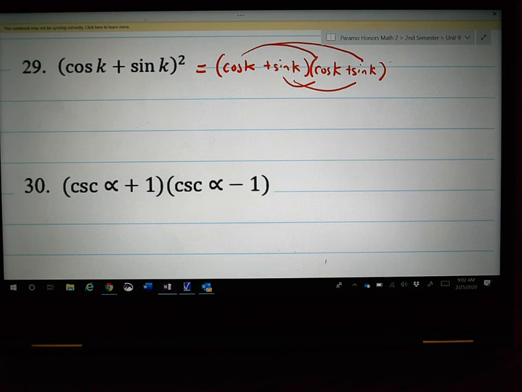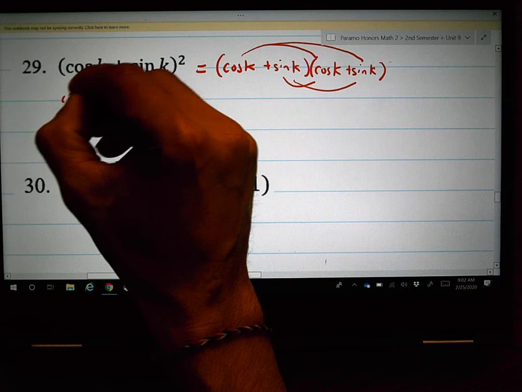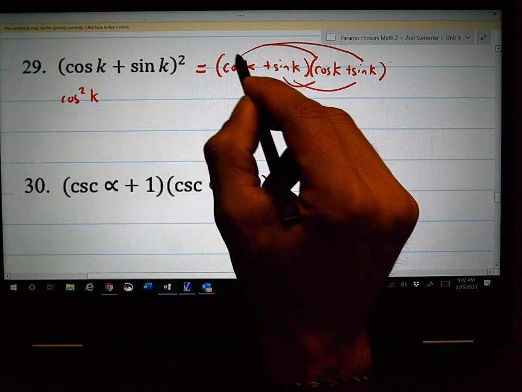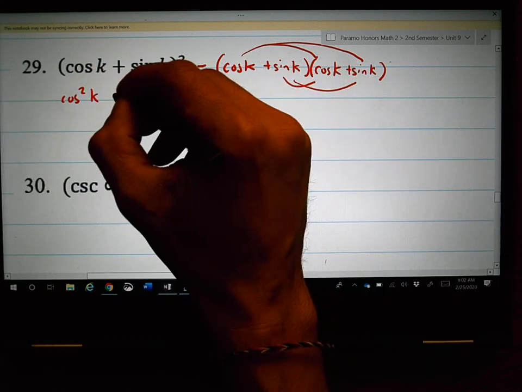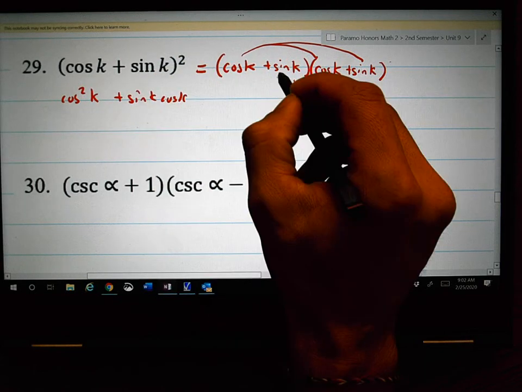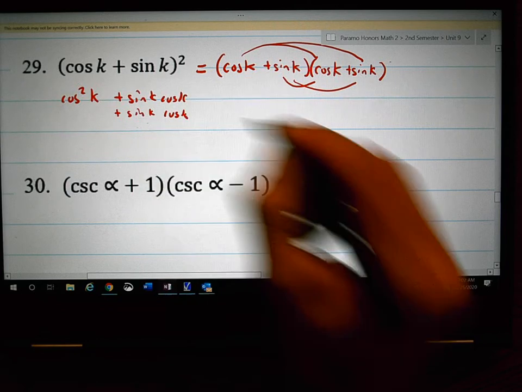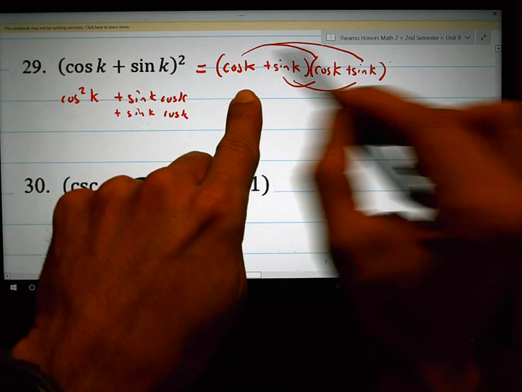Let's go. Cosine of k times cosine of k is cosine squared of k. Cosine of k times sine of k, I'm just going to write it plus sine k cosine k. And same thing there. Plus sine k cosine k. Because you can write multiplication in either order. I can put the cosine first or the sine first. It doesn't matter.